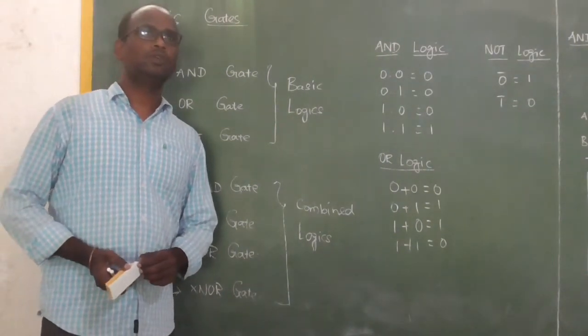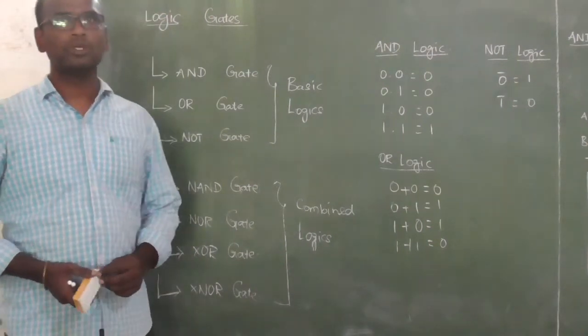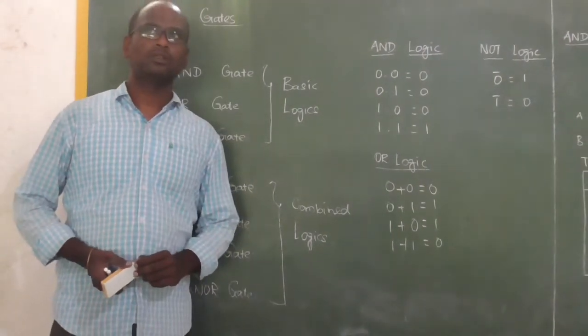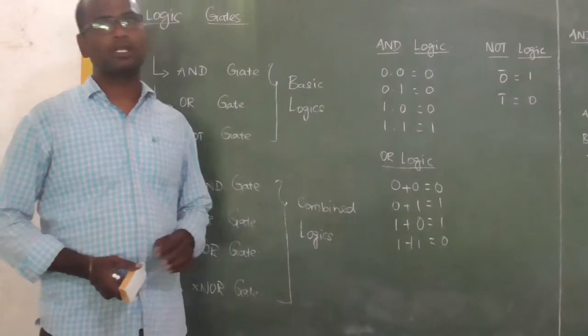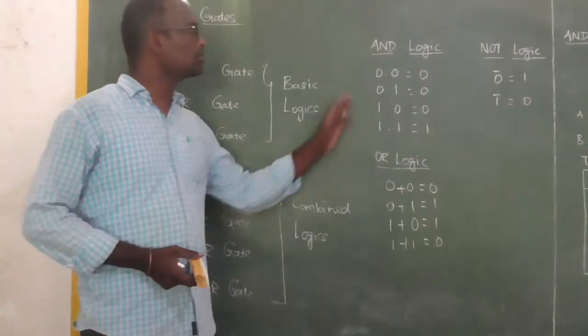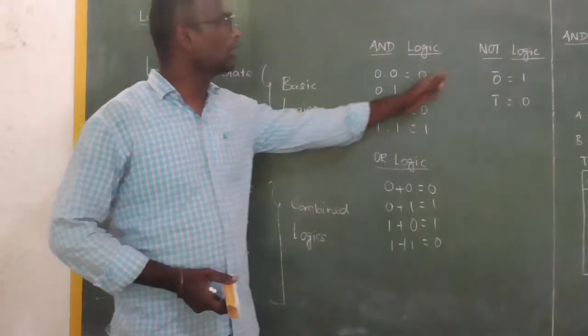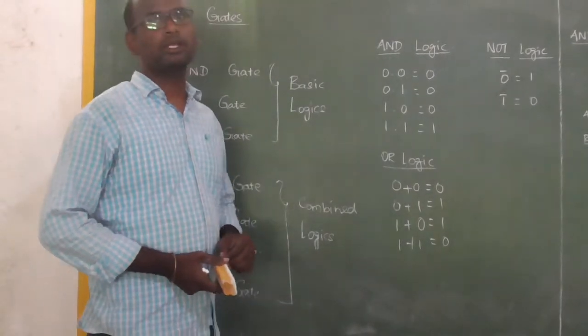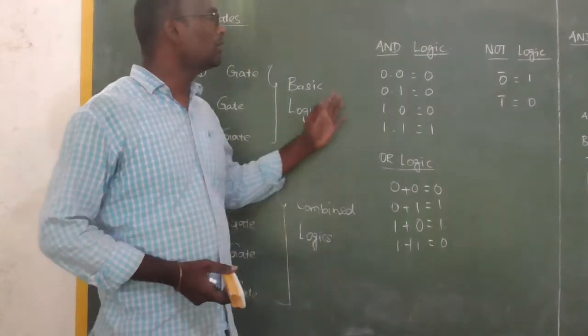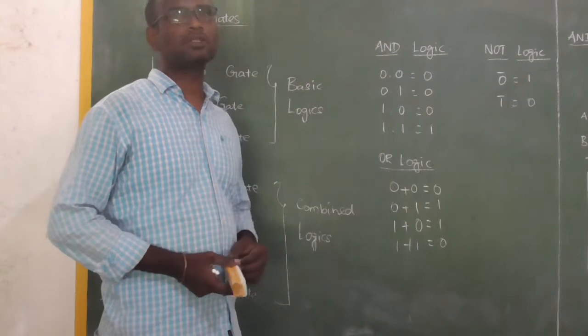We know that there are 10 postulates in Boolean algebra, comprising 3 logical operations known as AND logic, OR logic and NOT logic. There are 10 postulates according to these 3 logics.